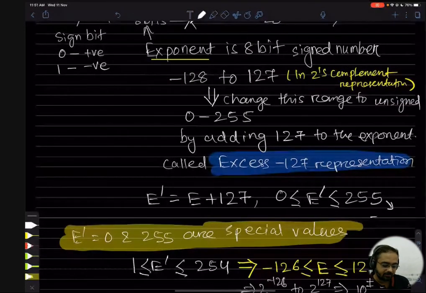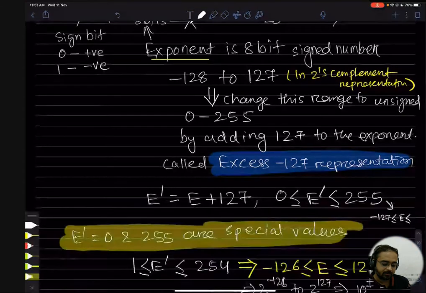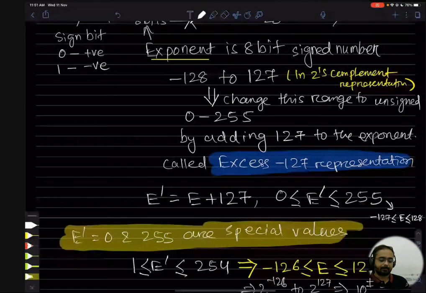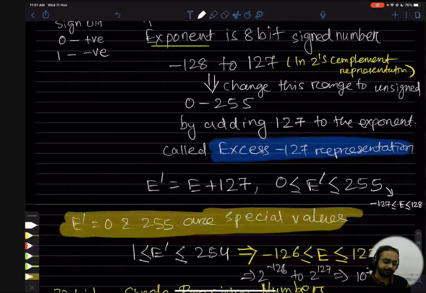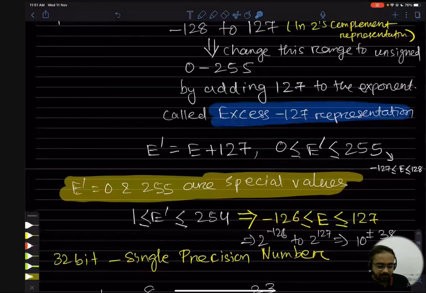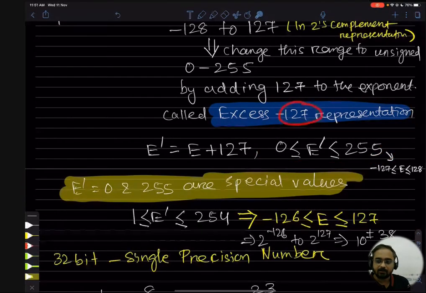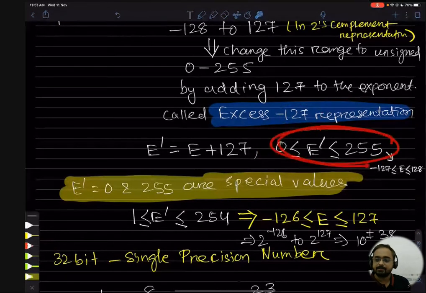You will get minus 127 to 128. Up to this, any doubt? Because this is important: why you are doing the 127 addition and how to get the range.